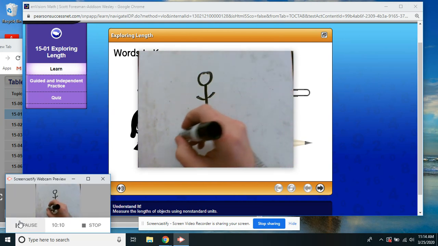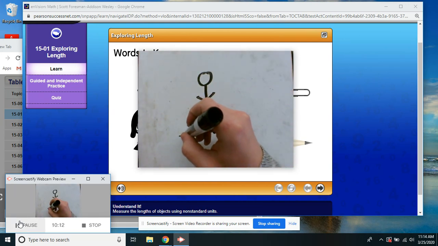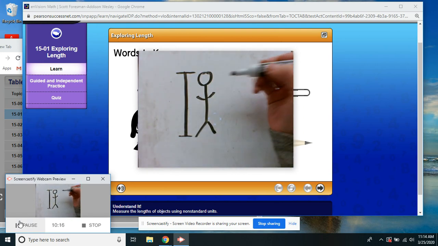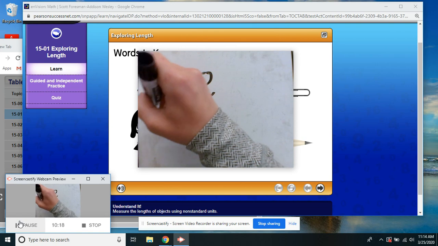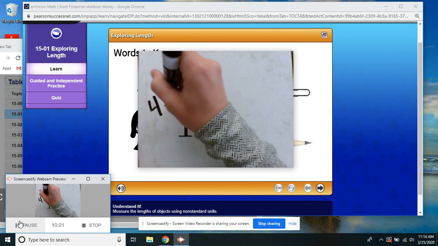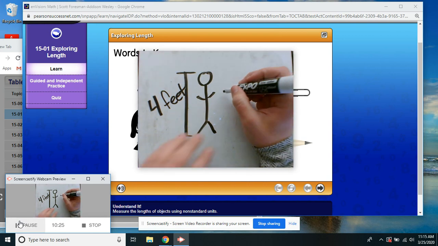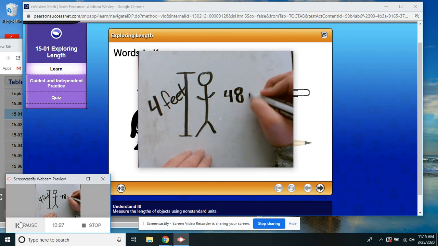Maybe they measured from your feet all the way to the top of your head, and they said, ooh, you are 4 feet tall. Or maybe you were 48 inches tall.